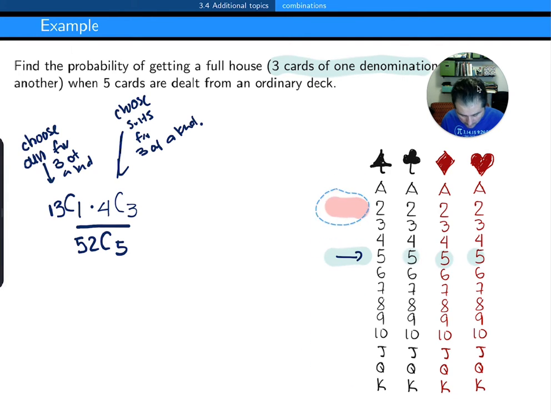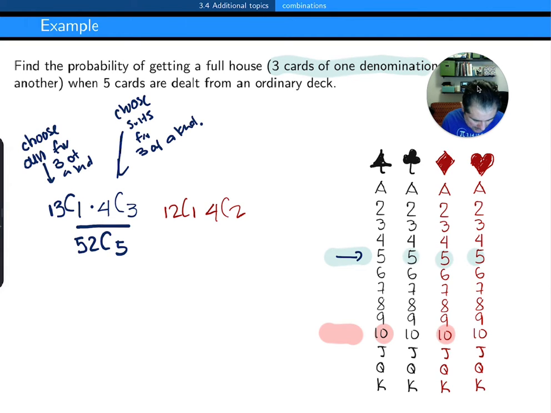So I'm going to pick from 12, and I'll write this one in red: 12C1 to pick the number or denomination for the pair. But once you've picked it, then I'm going to go across and pick 2 from 4 possible suits. So that means it's 4C2.